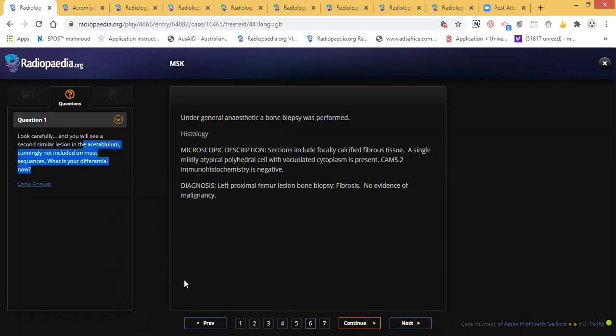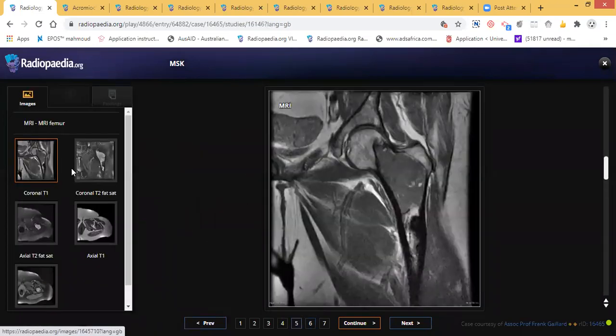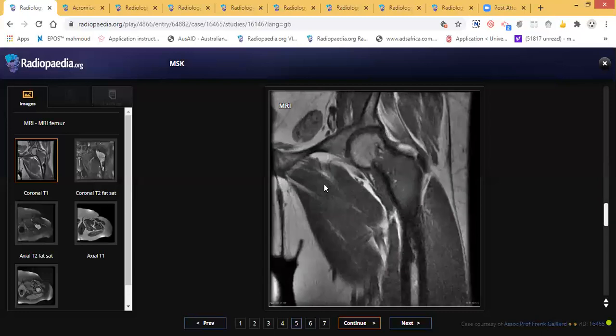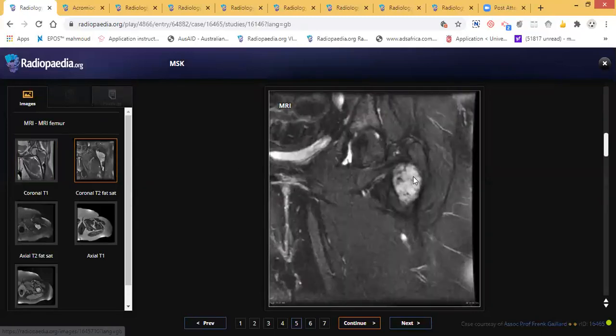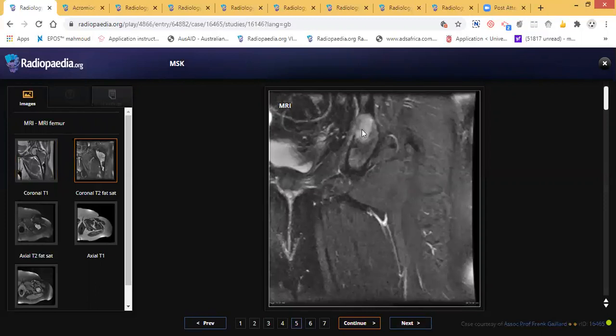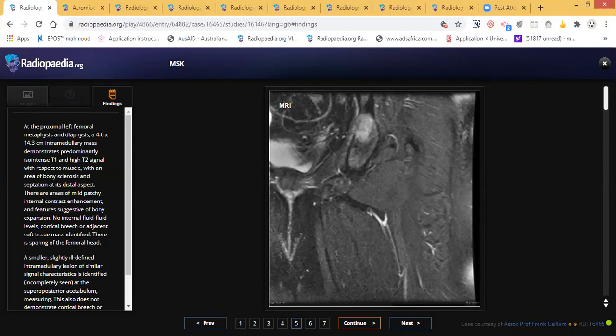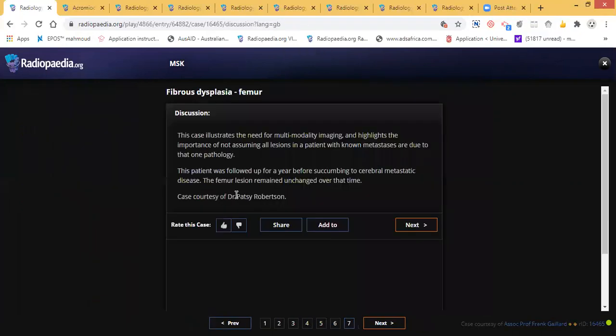So what is your differential now? Yes, this is the acetabulum. Again, fibrosis. So everyone is fixed on fibrous dysplasia.